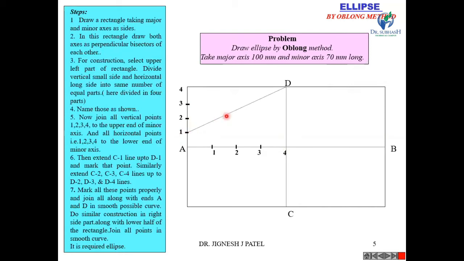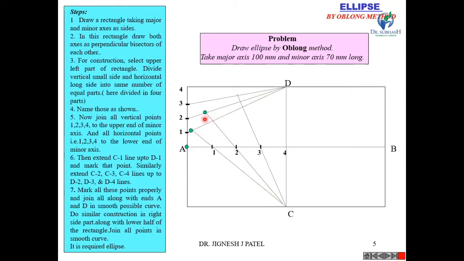Now join 1D, 2D, 3D, and 4D is already joined. Now join C1 and extend this line up to 1D. Similarly, join C2 and extend it up to 2D. Join C3 and extend it up to 3D. The intersection point of lines C1 and 1D is a point of the ellipse.